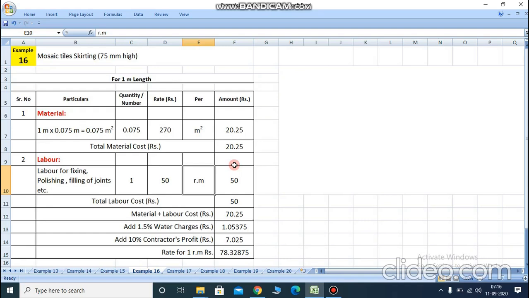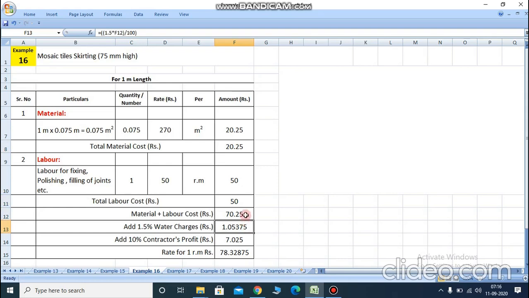So per running meter labor cost for fixing, polishing and filling the joints etc. is 50 rupees. Now summation of the material cost 20.25 plus labor cost 50, so the summation for material plus labor cost is 70.25, and we include the 1.5% water charges.